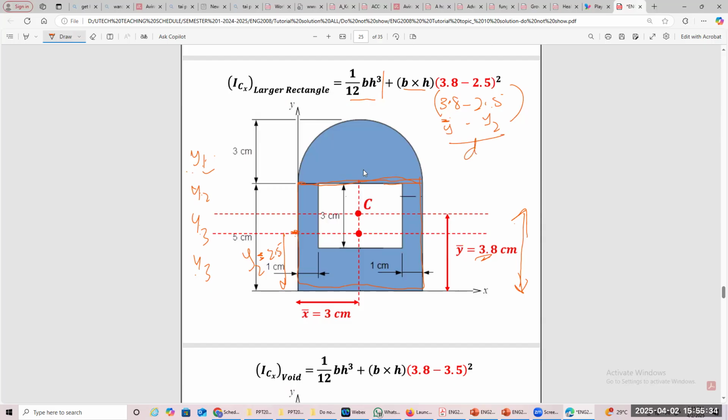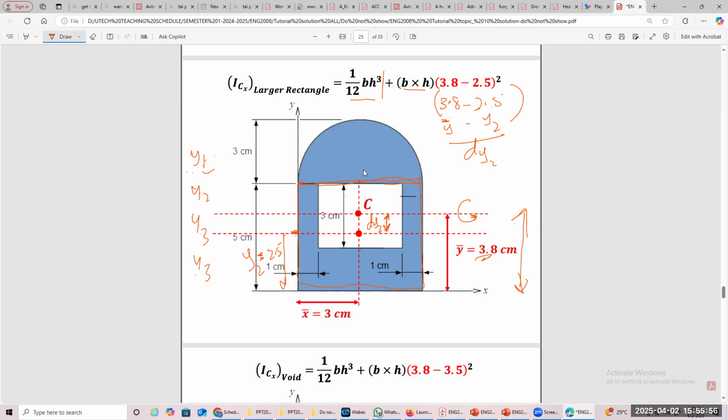That gives me my dy2, if I want to label it that. Look at the distance that I want. This is the distance. Because I'm going to be rotating around which axis? The centroidal axis. So this is my dy2. That's the difference.